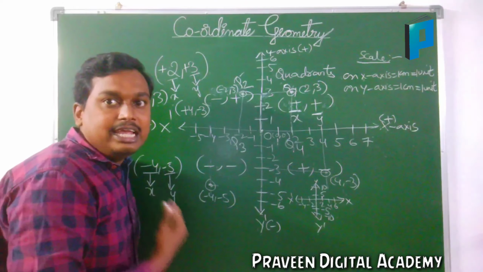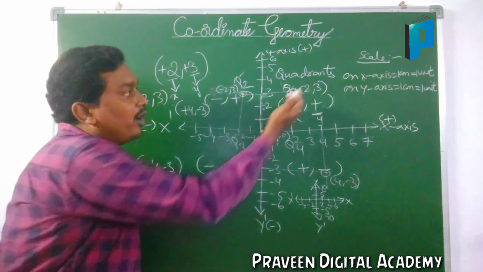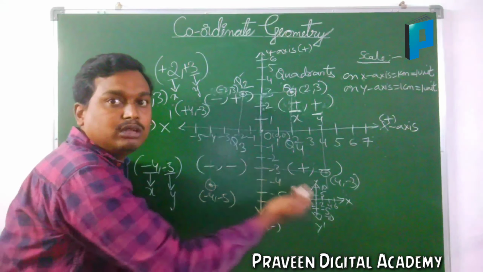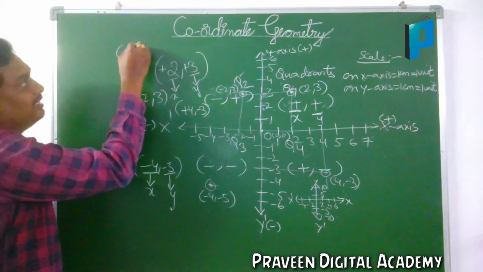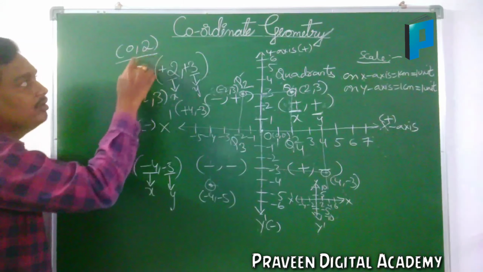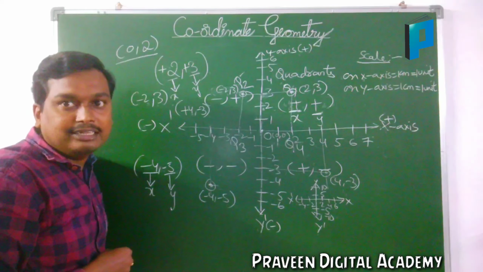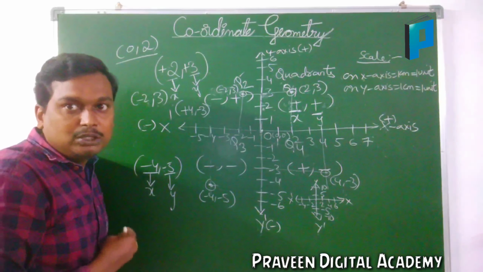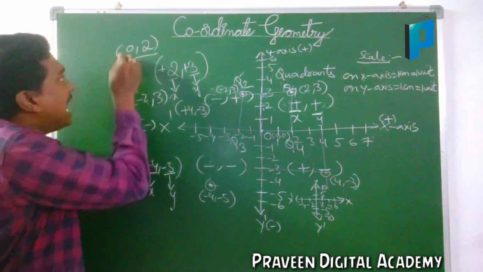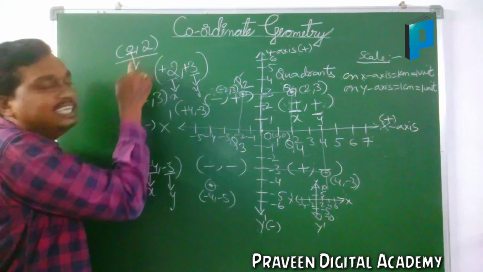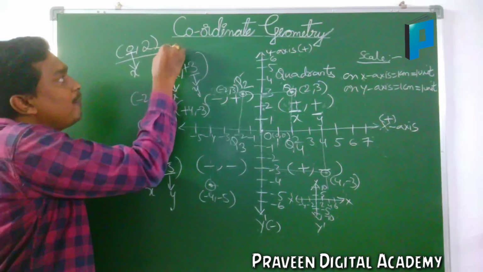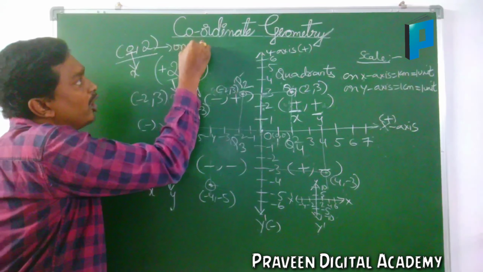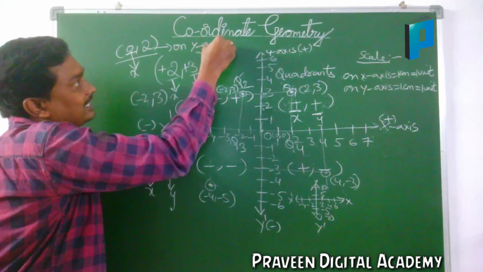We can say that if the point is in Q1, Q2, Q3, Q4, we can represent it here. If we have a point like this, 0, 2, where does this point lie? Here, if you have x coordinate 0, the point will lie on the y axis.